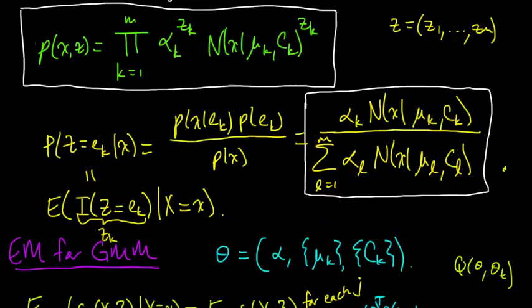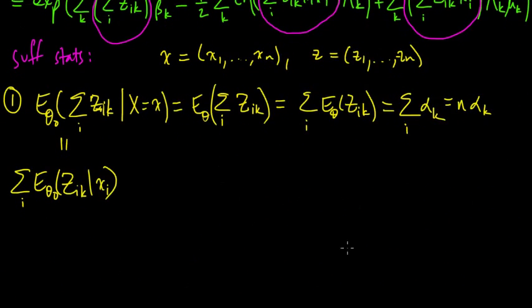These are not the theta, so back down here. This is the conditional expectation under theta 0. And we're assuming that we know theta 0. So that's the first key thing that's going to make this work. That makes life easier when we're doing EM, is that we're assuming that we know this theta 0.